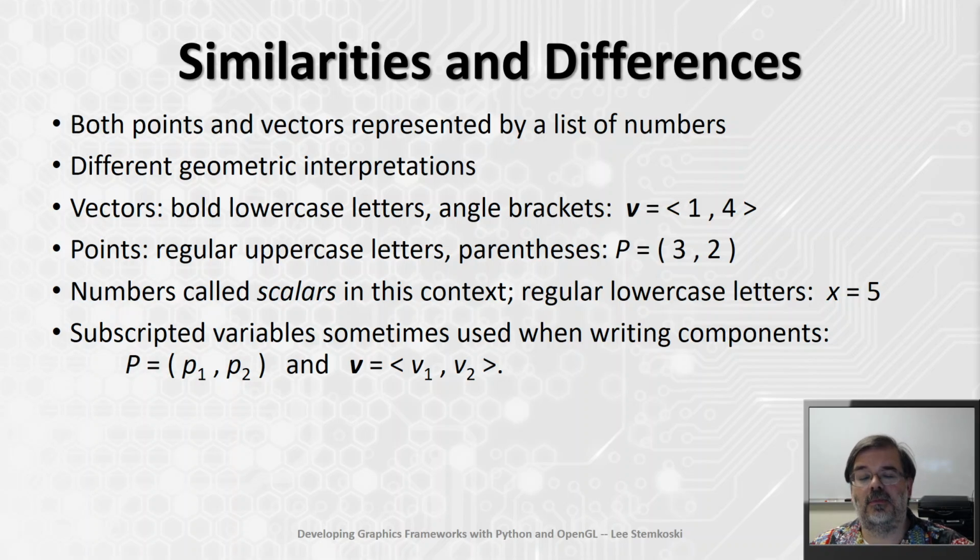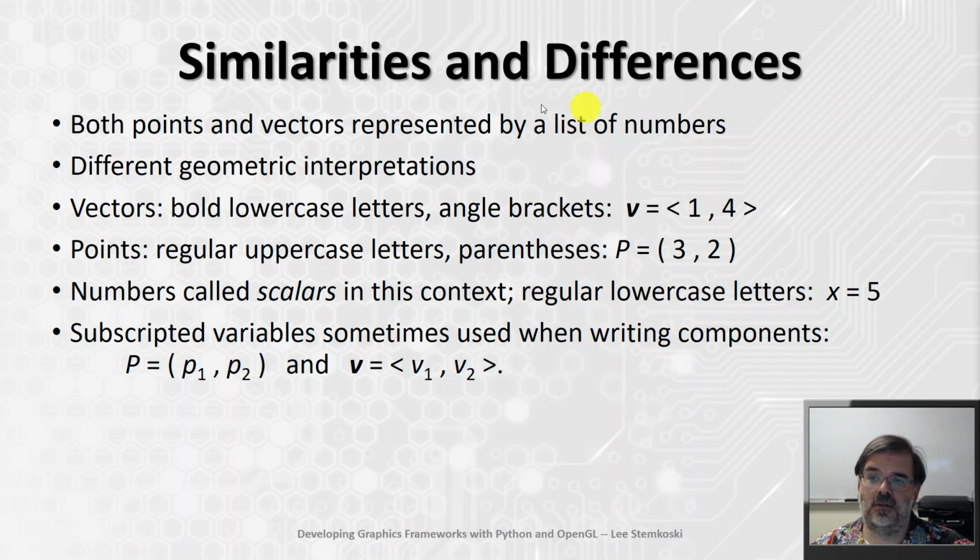If you were to ask someone to meet you at the intersection of 42nd Street and 5th Avenue, that refers to a particular location, and that corresponds to a point. However, if you were to ask someone in the city to travel 5 blocks north and 3 blocks east from their current position, that refers to a displacement, a change in position, and that would correspond to a vector.